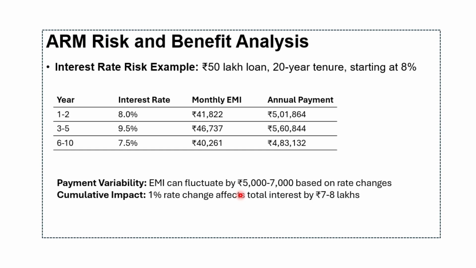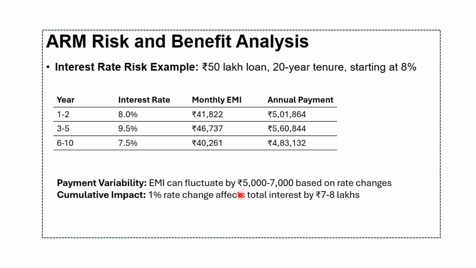Then if the rate rises to 9.5% in years 3 to 5, the EMI jumps to 46,737, increasing the annual payment by nearly 59,000 annually. Conversely, if the rate falls to 7.45% in years 6 to 10, the EMI drops to around 40,000, reducing the annual payment with it.